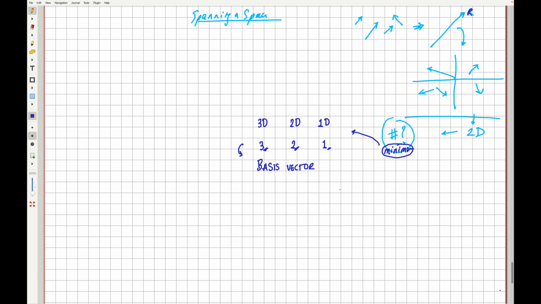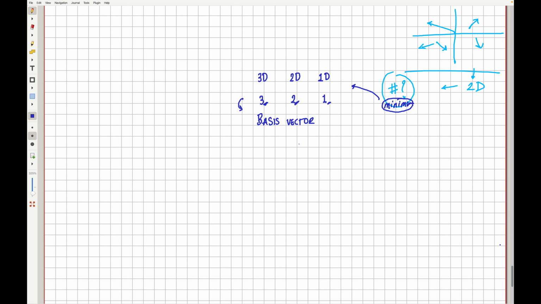For example, if we look at the 1D case right here, we can say that our basis vector set S looks like this one. This is just an arrow pointing along the x-axis. Let's say x is equal to 1, and that's the arrow pointing in the x-axis direction. It's just 1D space.